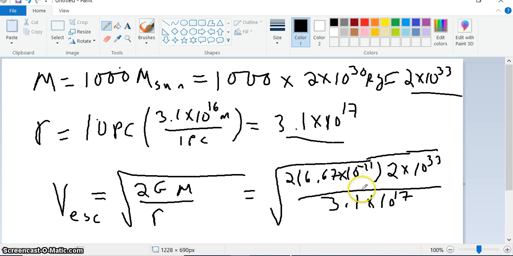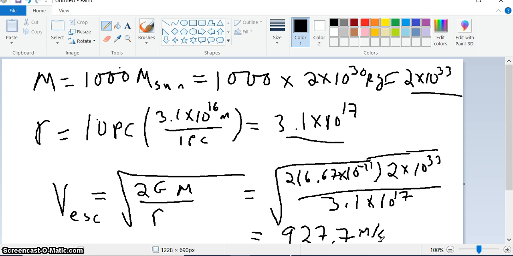And so in this formula, this is the escape velocity formula, 2G, G is the universal gravitational constant, times the mass. The mass has to be in kilograms, which right here it is, and the radius has to be in meters, which it is right here. So I put those numbers in here, and remember the answer will come out in meters per second, so I get 927.7. All right, and that's of course meters per second.